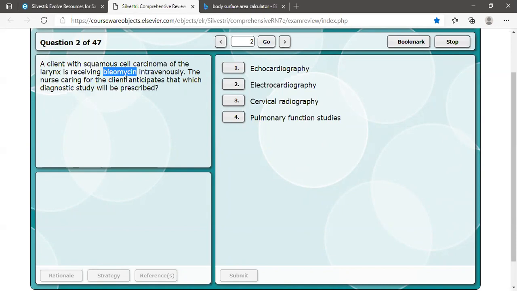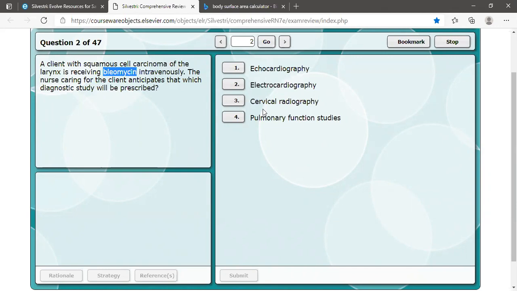We need special care of our patient, and bleomycin has some adverse effects over the body, especially on the lungs, right? Echocardiography or EKG, number 1 and number 2, are related to the heart, but bleomycin has a bad effect on the lungs.